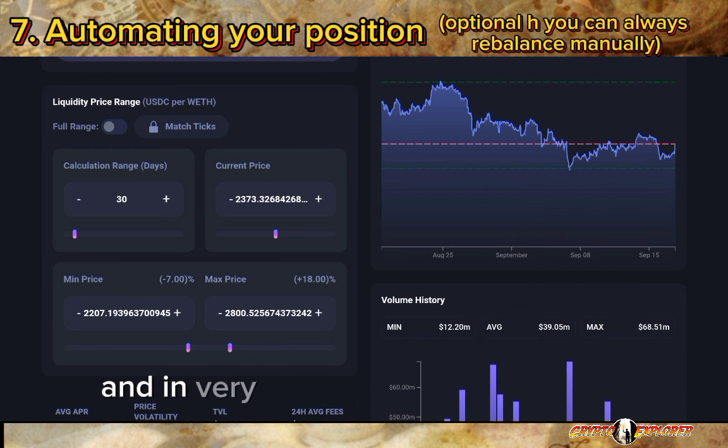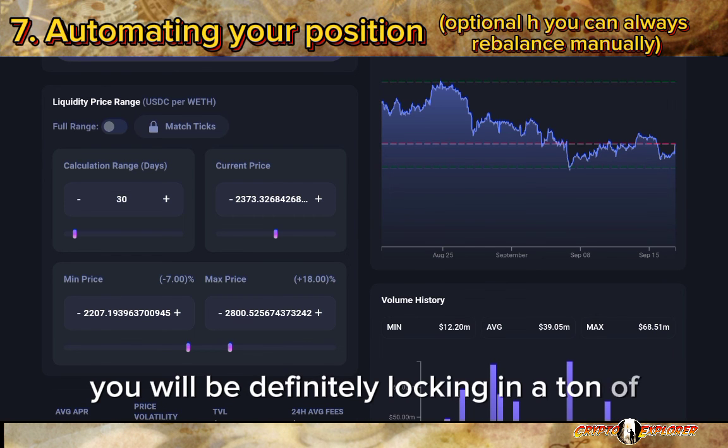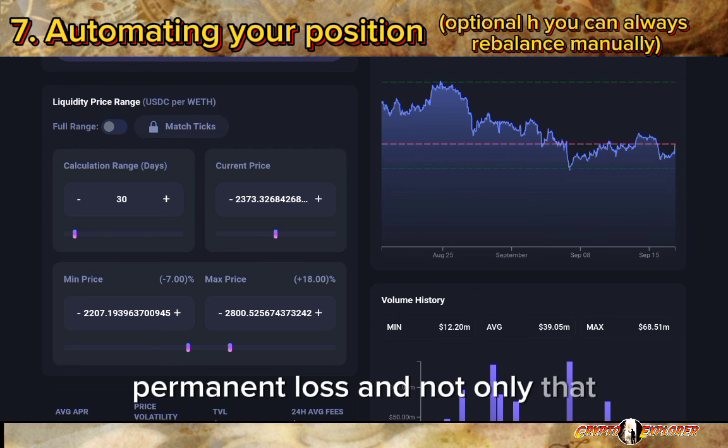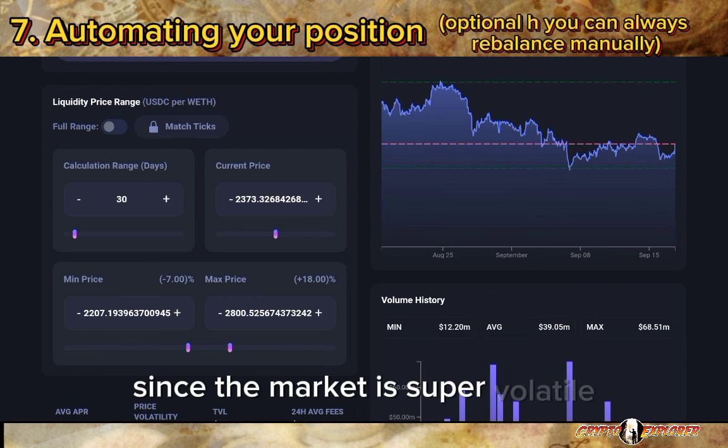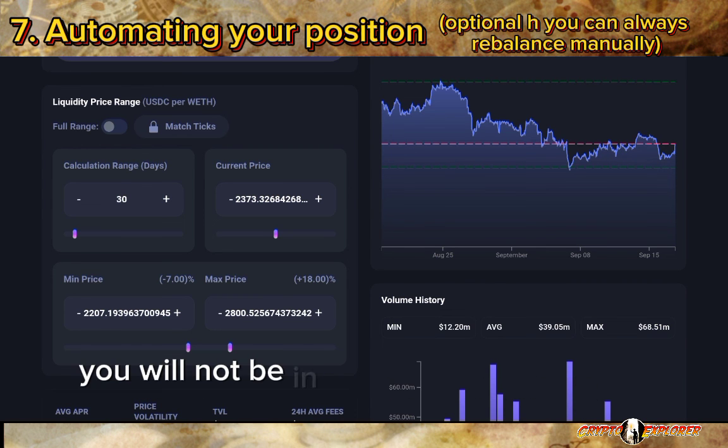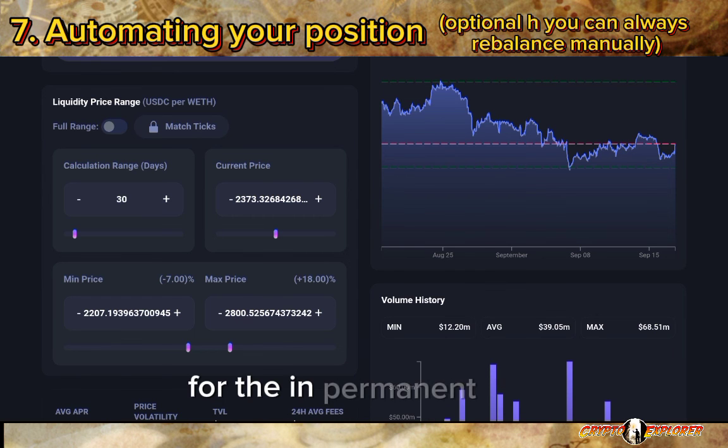And in very volatile market conditions, which means when the price is constantly going up and down, you will be definitely locking in a ton of impermanent loss. And not only that, since the market is super volatile, you will not be in range for enough time to make up for the impermanent loss.